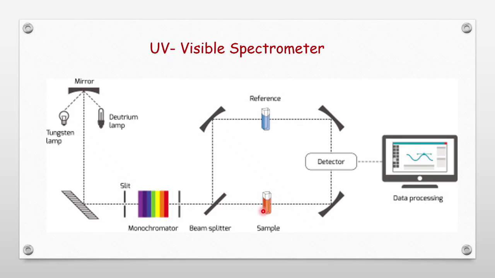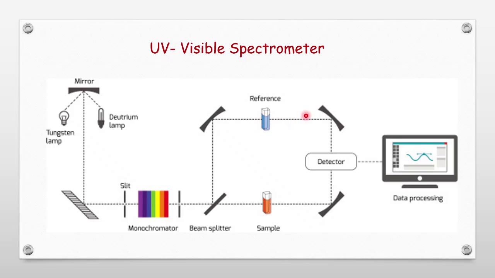This is the cell containing the sample. I said the name of the cell is cuvette, and this beam is called the sample beam. The second beam is directed towards another cell containing only the solvent which is used for dissolving the sample. That is, this is the cell without the sample, and this is called the reference beam.